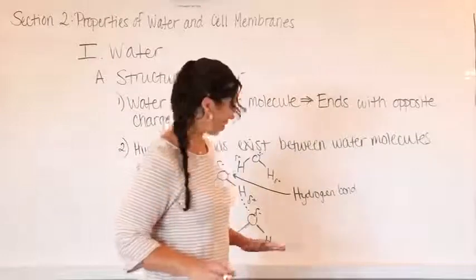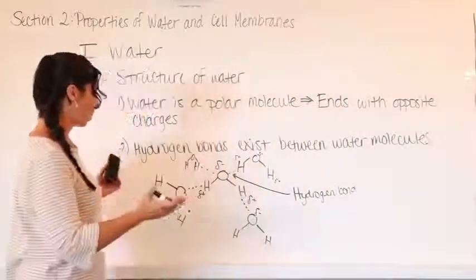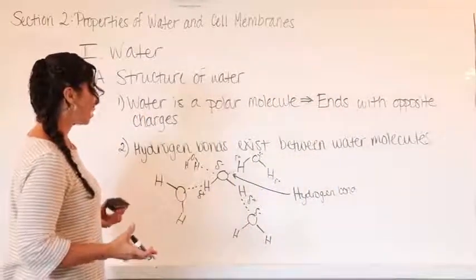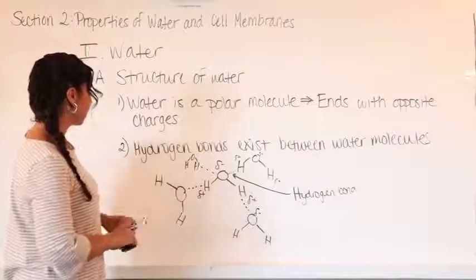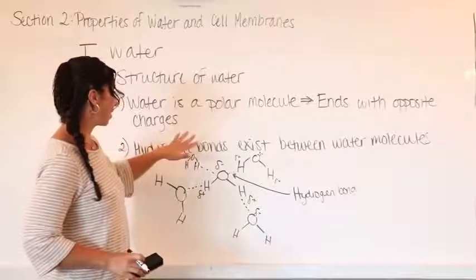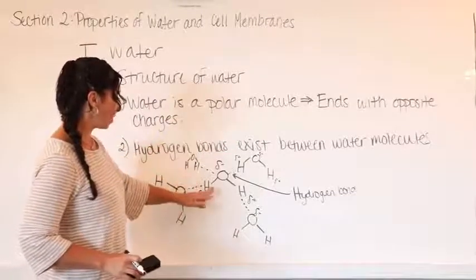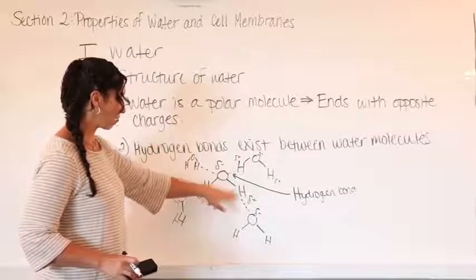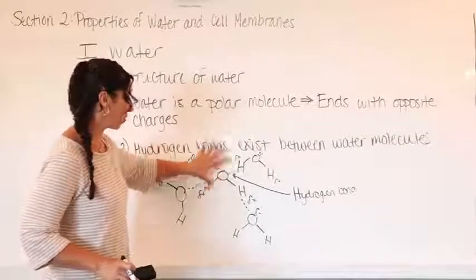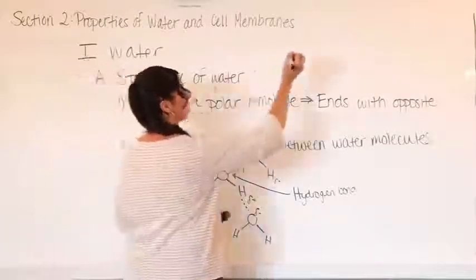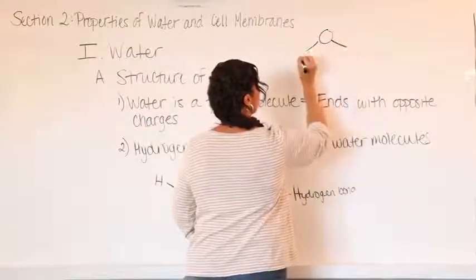So let's talk about the properties of water. The big thing I want you to know about the structure of water is that it's polar. You have ends with opposite charges. These covalent bonds between oxygen and hydrogen are super strong, but they are polar covalent bonds, and the overall structure of water is very polar.